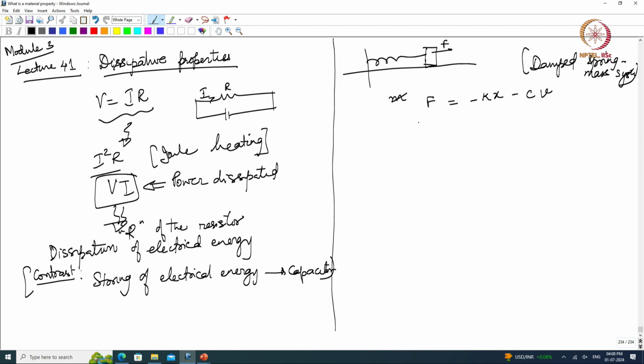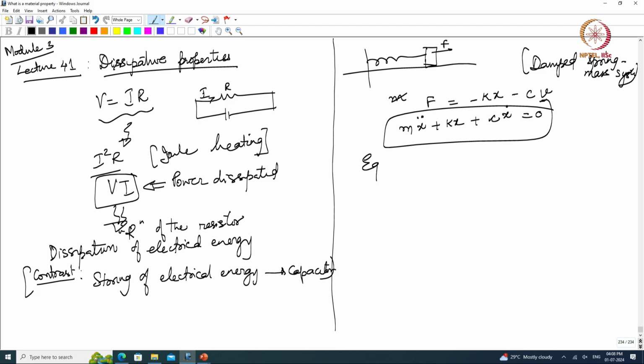Now, this is F equal to ma, or m x double dot plus C x dot plus kx equals 0, where v is the velocity with which the spring is moving, that is x dot. This is the equation of a damped spring mass, right.